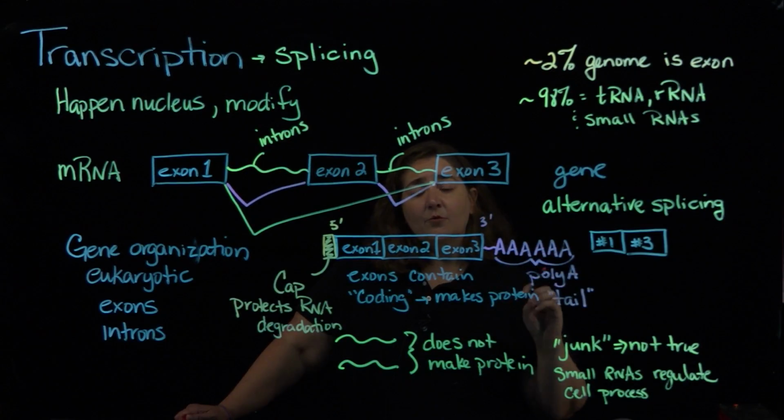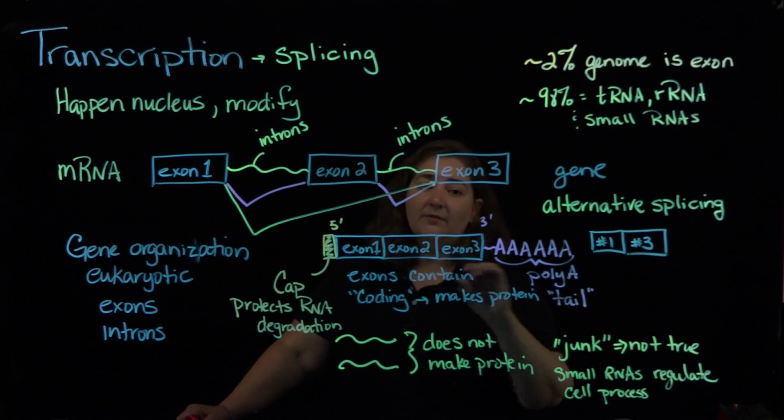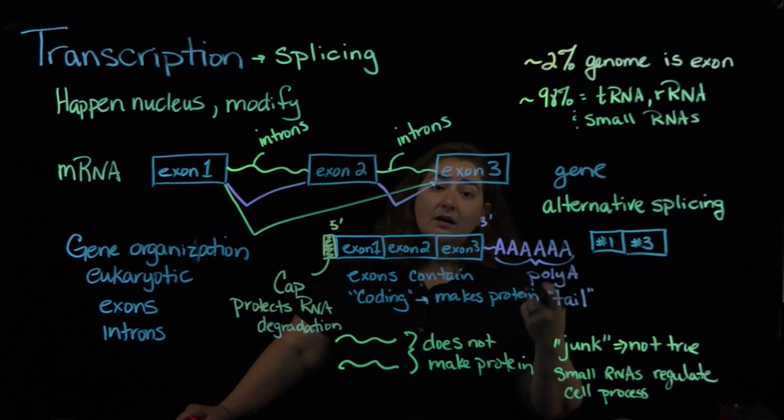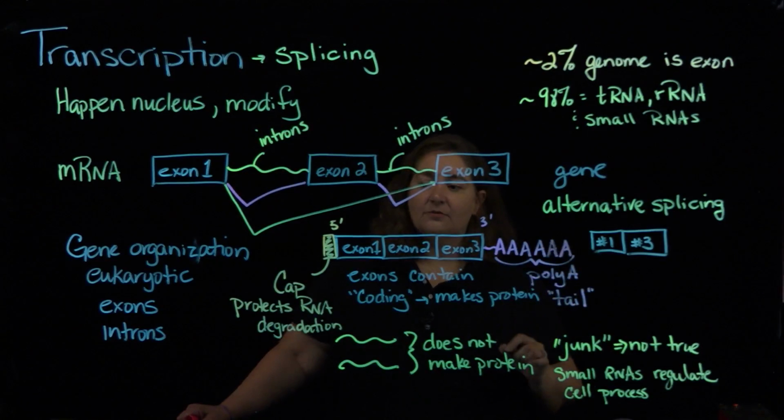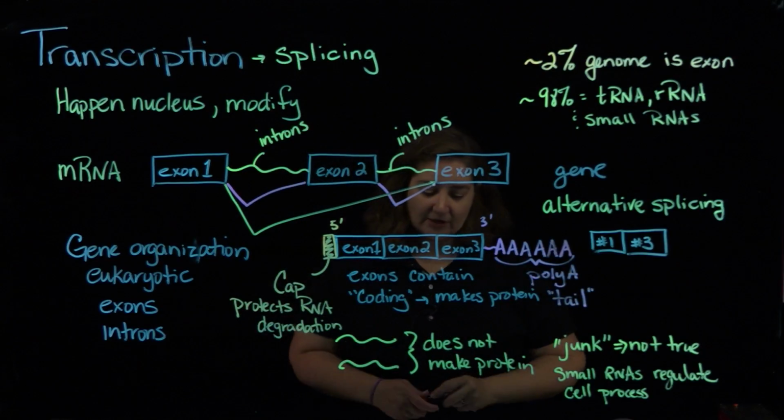That's a way for the components out in the cytoplasm to tell which is the 5' end and which is the 3' end of our messenger RNA molecule when it goes to make protein. Okay, that poly-A tail signals the end of it. The cap is going to be added to the 5' end, all right?